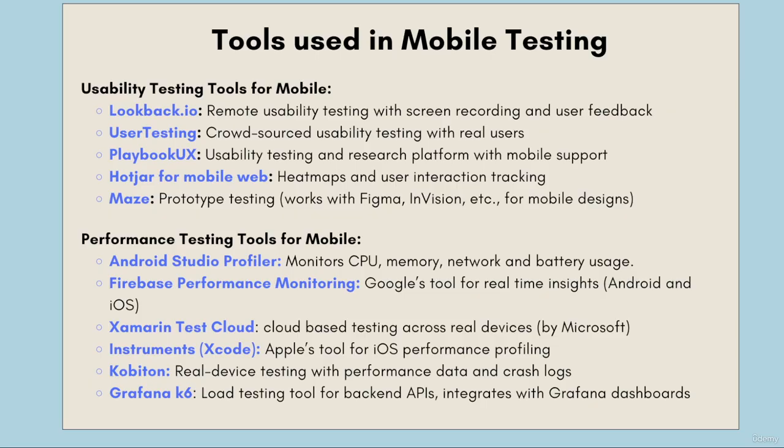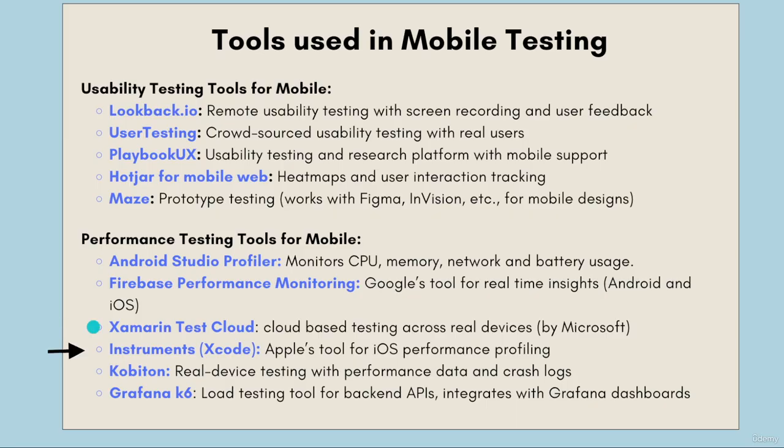And then performance testing tools for mobile, we have Android Studio Profiler, which monitors CPU, memory, network, and battery usage. We have Firebase Performance Monitoring, Google's tool for real-time insights for Android and iOS. Then we have Xamarin Test Cloud, cloud-based testing across real devices by Microsoft.